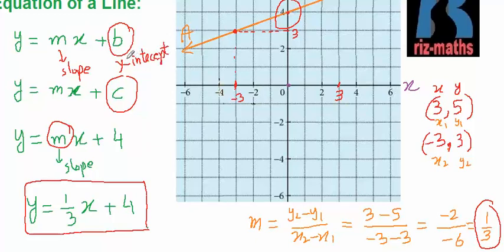Remember, y-intercept means where the line cuts the y-axis, which I marked here at 4, so this value will be 4. The slope or gradient m we can find by using (y2 - y1) over (x2 - x1), or the other method, rise over run, which I explained in the previous video. If something is not clear, you can watch this again, or see the previous part of this lesson. Now we will do another example.